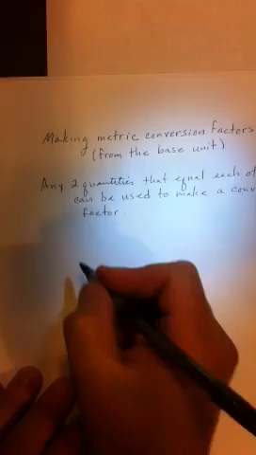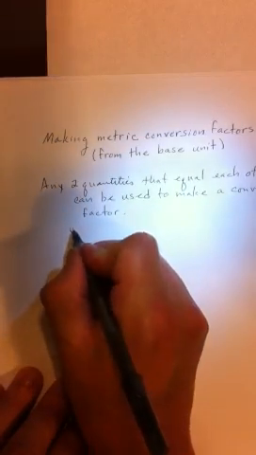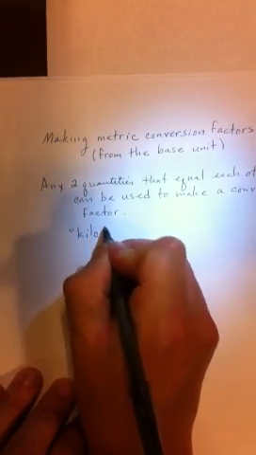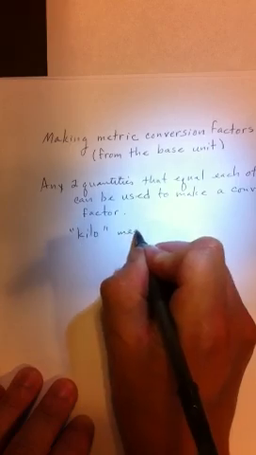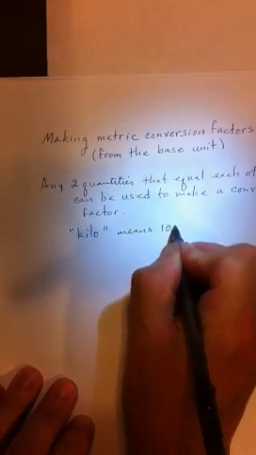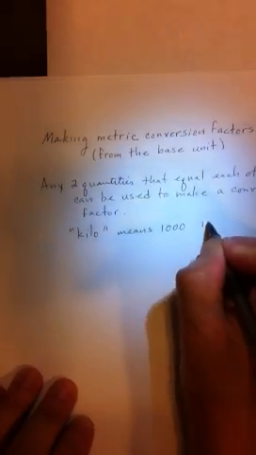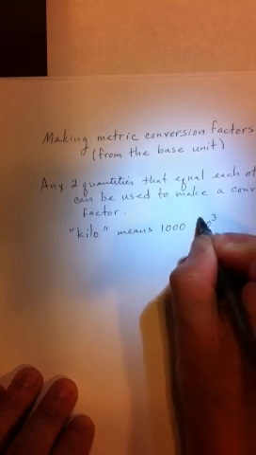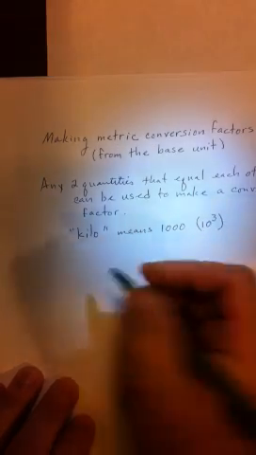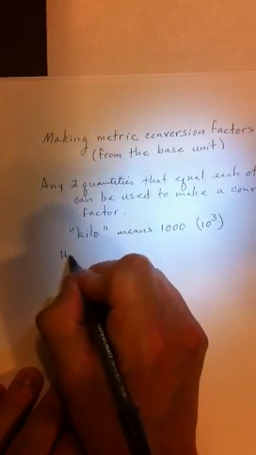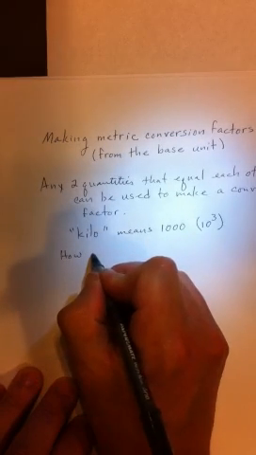For example, the metric prefix kilo means 1,000, which is the same thing as 10 to the third power. So you might wonder, how many grams equal 1 kilogram?